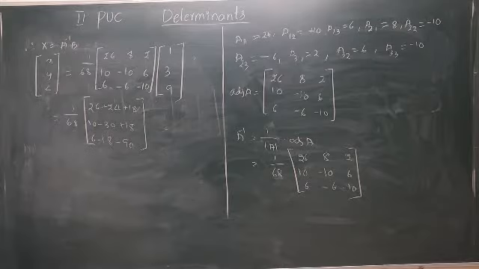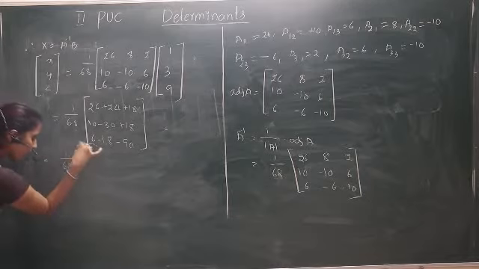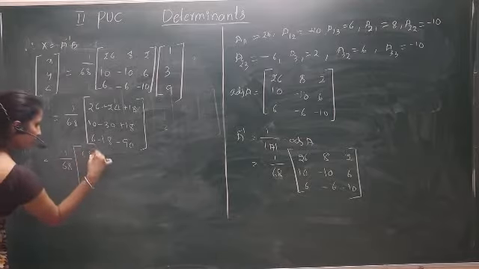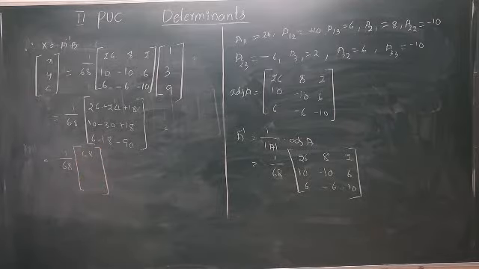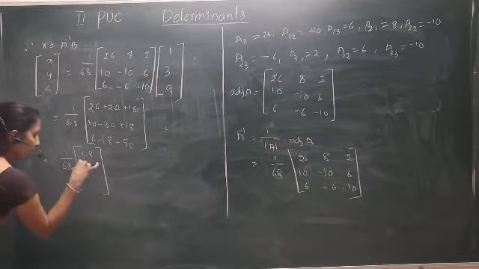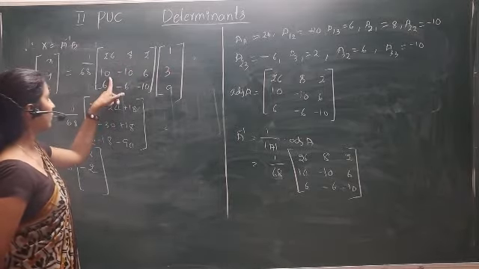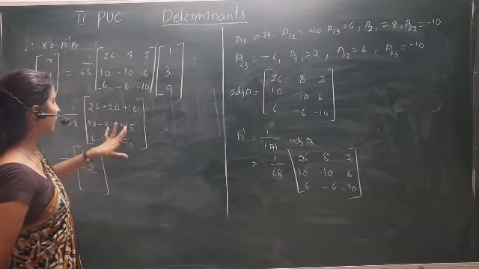Next, this is equal to 1 by 68 into 26 plus 24 is 50, 50 plus 18 is 68. Next one, second row, first column: 10 minus 30 plus 54.